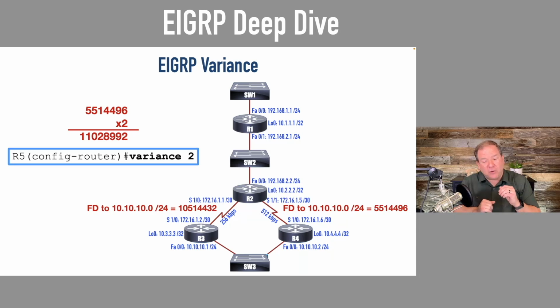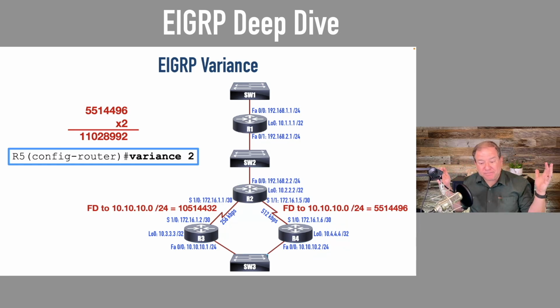Now, you might argue, hold on, there's a reason that link to R3 has a higher feasible distance. Something's not as good with it. It doesn't have as much bandwidth. It has more load. Something's wrong with it as compared to the other link. Well, I would agree that it's not as optimal a link because it does have a higher feasible distance. But the variance feature knows about that. It knows how to account for that. So the variance feature is going to say, all right, I'm going to send a proportional amount of traffic to R4 and R3.